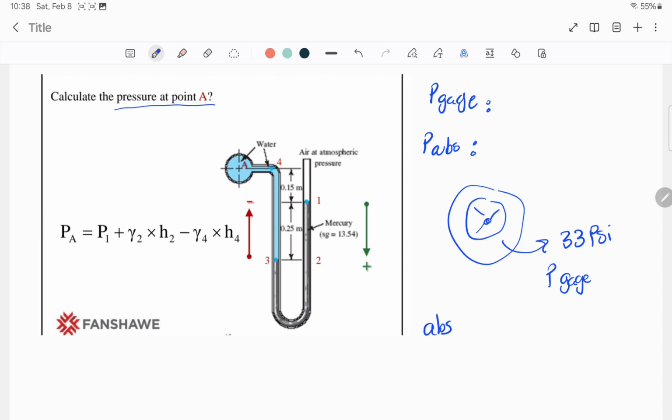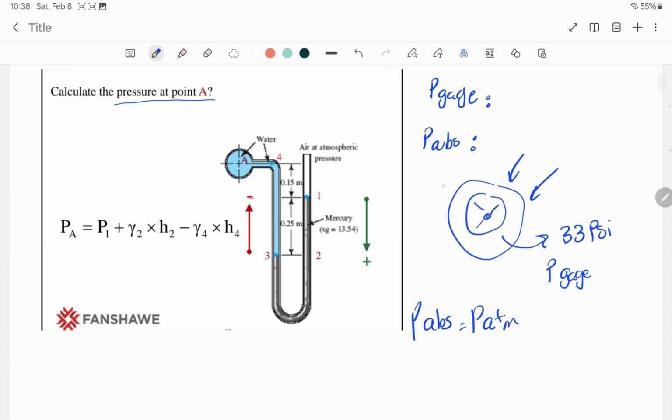Absolute pressure is the total pressure on that tire. So what you're counting is the atmospheric pressure outside, which is acting on the tire, and the pressure inside the tire.